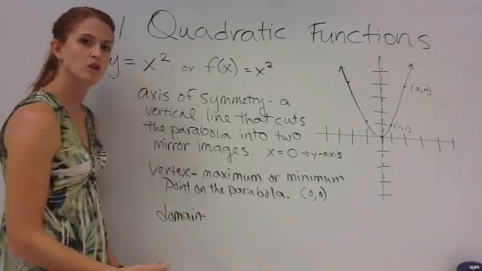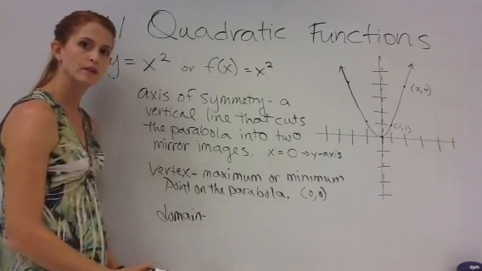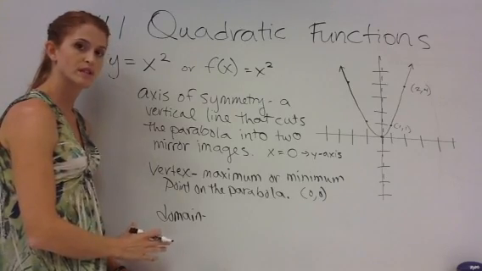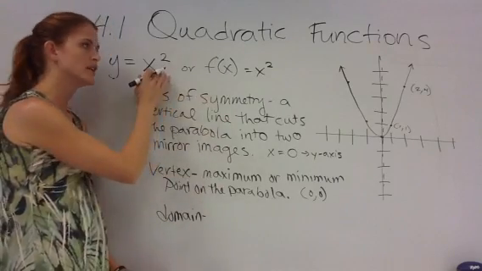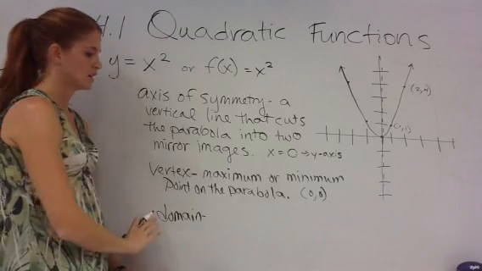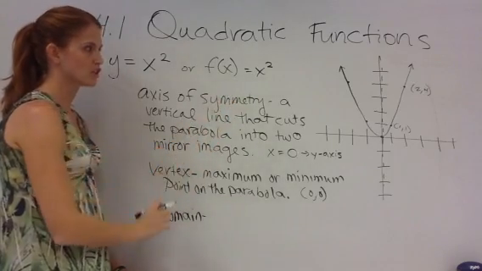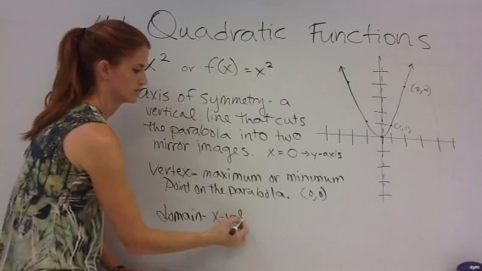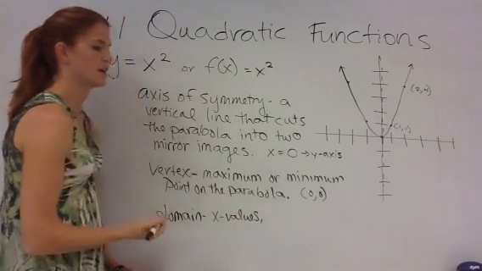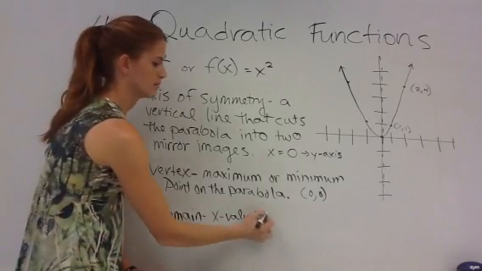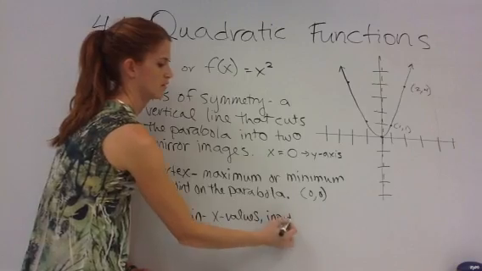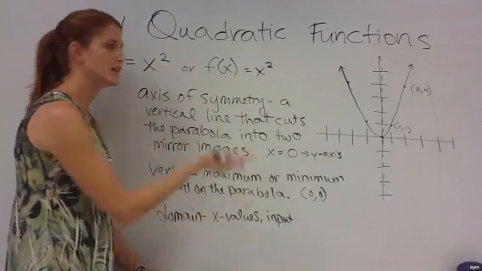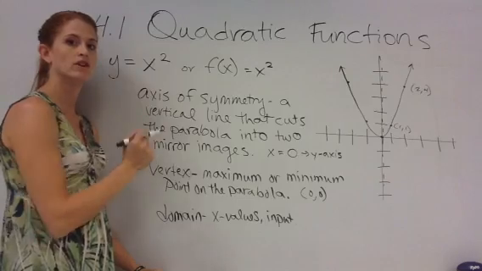Next, we're going to talk about domain. In Chapter 2, we talked about domain. Domain is all of your x values. It also represents your input. What can you put in for x? When we talk about domain in this particular case, we're still referring to our x values, and we're still referring to the input. So what numbers can I input into this equation for x?